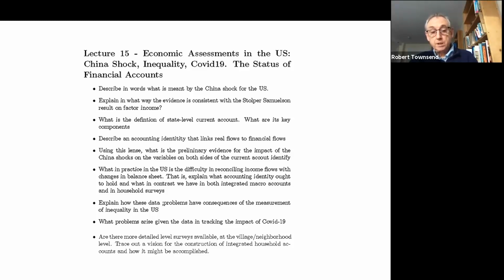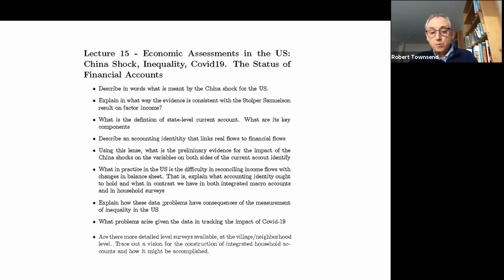And in practice, as was just said, the balance sheet and income statements are not collected at the same time, so we see very big discrepancies between the two. The rest of the class last time, almost up to the very end, was about what this discrepancy means for attempts to measure inequality, or the impact of COVID, and so on.